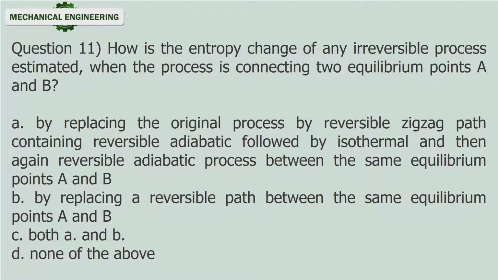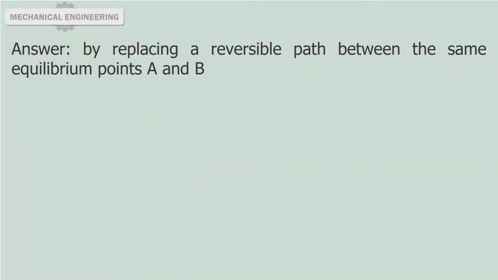A. By replacing the original process by reversible zigzag path containing reversible adiabatic followed by isothermal, then again reversible adiabatic process between the same equilibrium points A and B. B. By replacing a reversible path between the same equilibrium points A and B. C. Both A and B, D. None of the above. Answer: by replacing a reversible path between the same equilibrium points A and B.